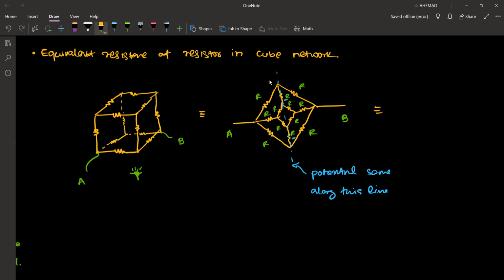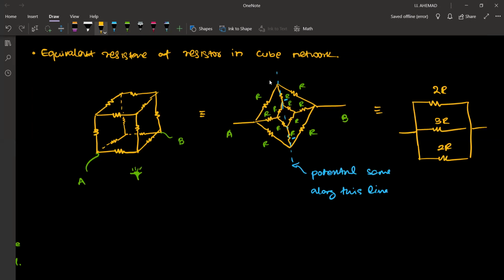So if we remove these two resistors, this is 2R, this is 2R, here 2R, 2R, that's R. So I think we get 2R, 3R, and 2R.